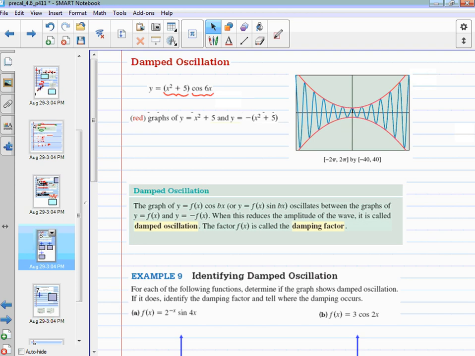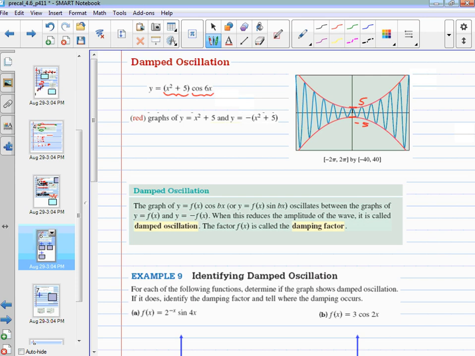What shape is x squared plus 5? What shape is that polynomial? It's a parabola. What does the plus 5 do to the parabola? Shifts it up 5. If you look at this red right over here, that location happens to be 5. That's the parabola, x squared plus 5. This location down here happens to be negative 5. It's the inverted parabola, the reflected across the x-axis parabola.